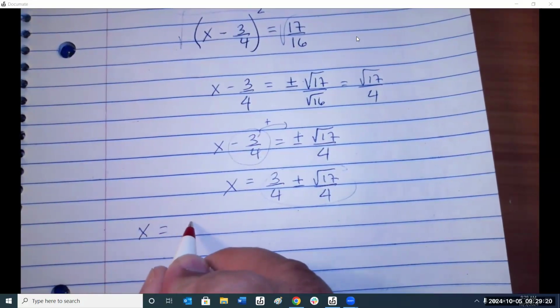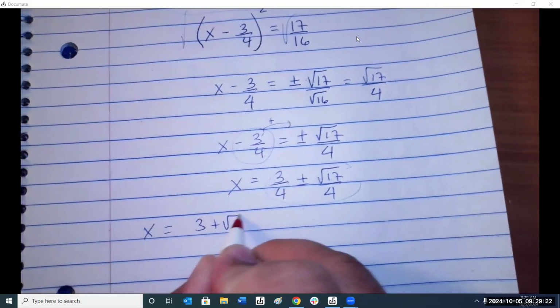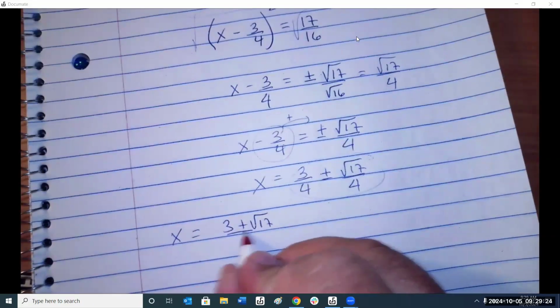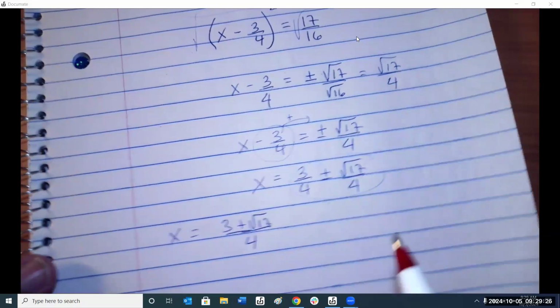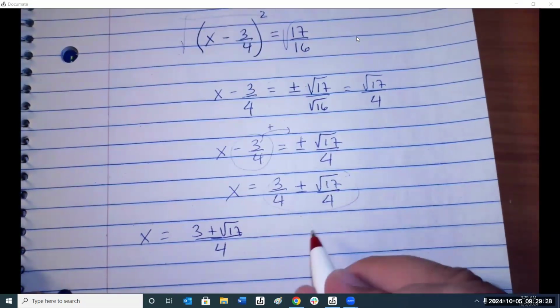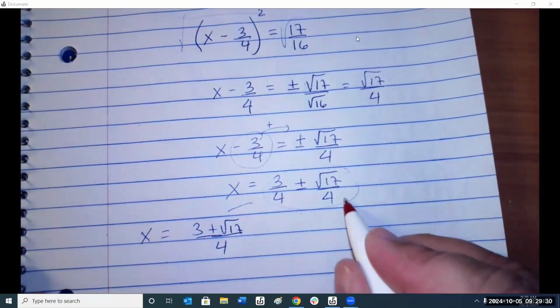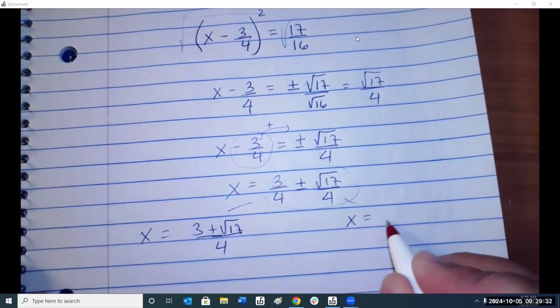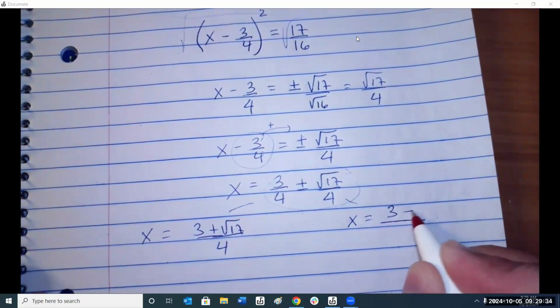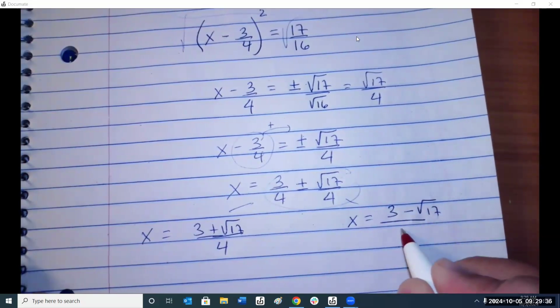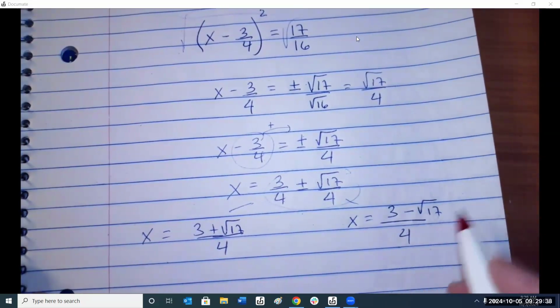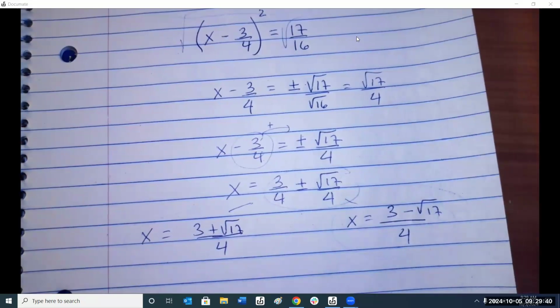X equals 3 plus square root of 17 over 4, since they have a common denominator. That's one of them. And then the other one is x equals 3 minus square root of 17 over 4. And check your answers.